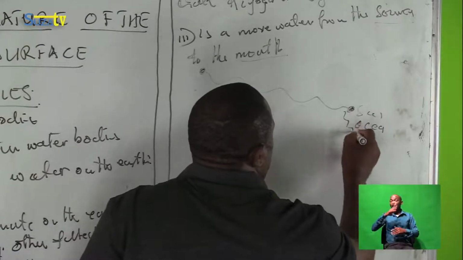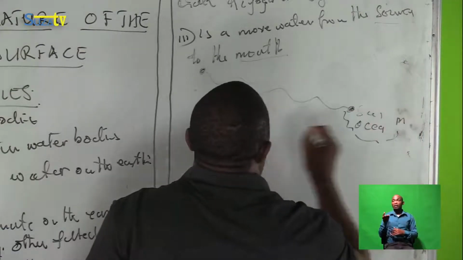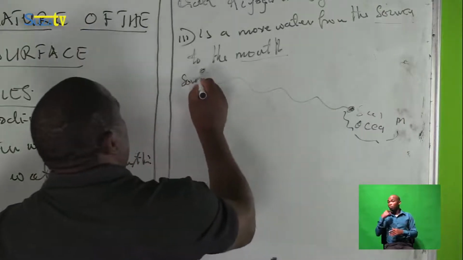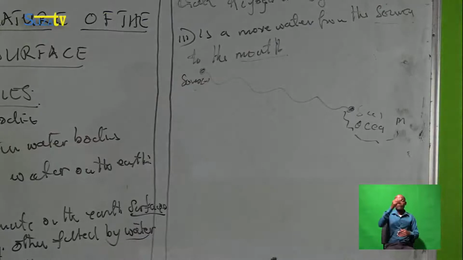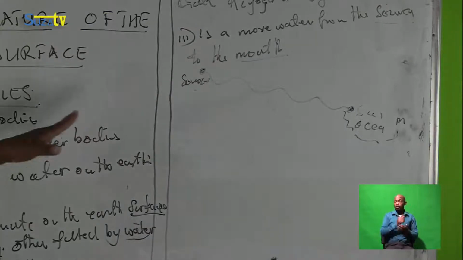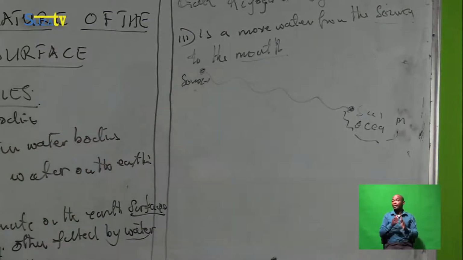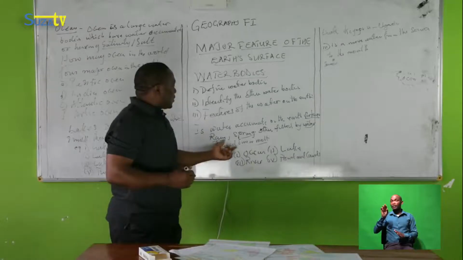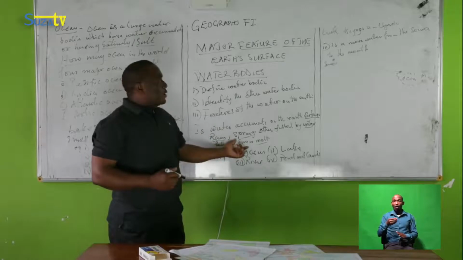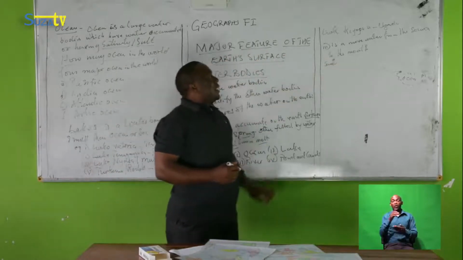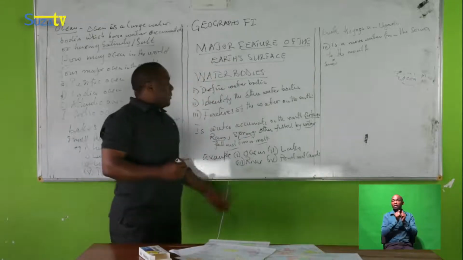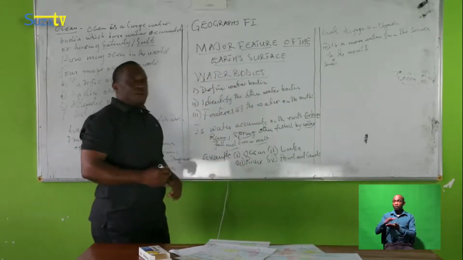So here we can say this is the mouth and this is the source of a river, the beginning point of a river. And this beginning sometimes can be rain, can be a spring, or sometimes can be snow melting. So this is one among the terms which can be explained about the river.